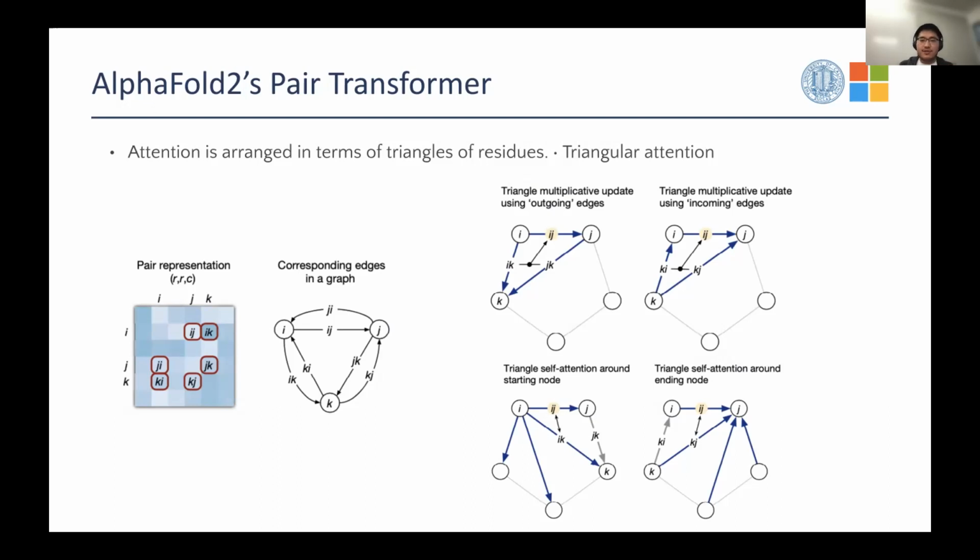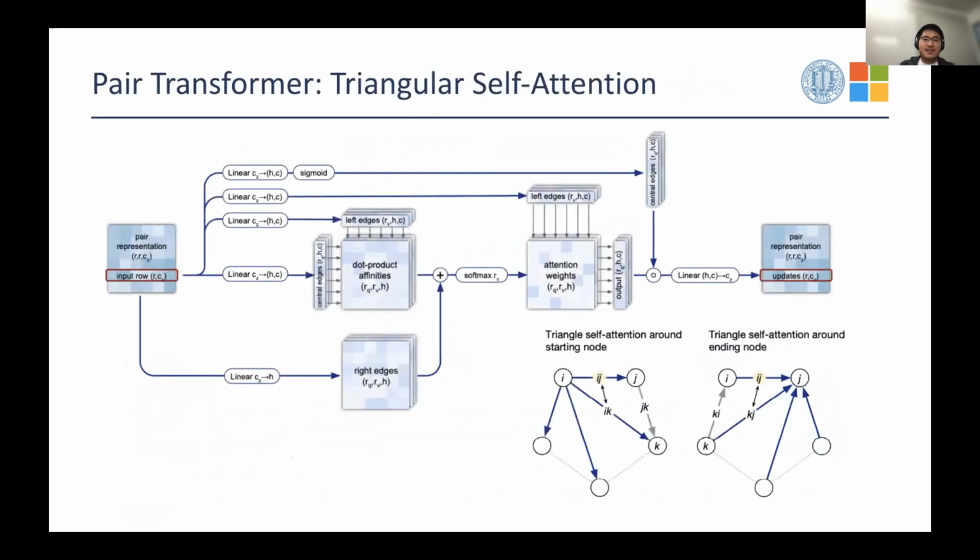There are four sub-modules, and two of them we have already introduced, multiplicative update, and the other is called triangular self-attention, which is again self-attention around the starting node ij, and the input will be one single row, not two rows collectively.